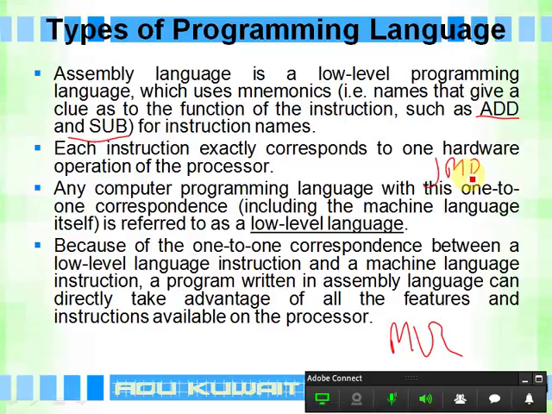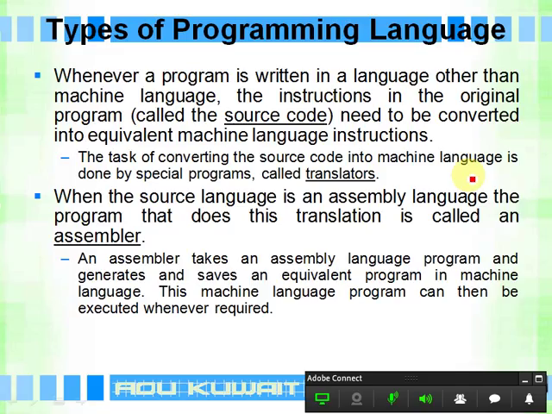So what do we have to do? Yes, we should have a program to translate this assembly program into machine language, so that the machine can understand. So the machine language needs to be obtained by using some translators.